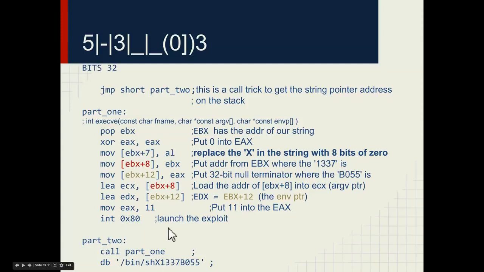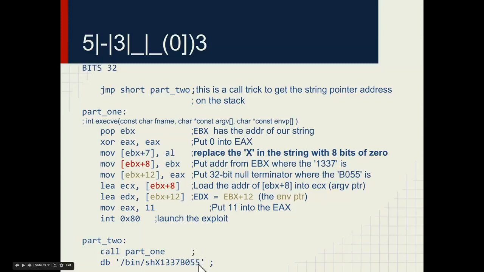Okay? EDX is now being overridden with a pointer to zeros. So it's pointing to a null DWORD. That's perfect. ECX is pointing to an array, and the first thing is pointing to binsh. The next thing, it looks at the next DWORD, is, oh, that's already been zeroed out.